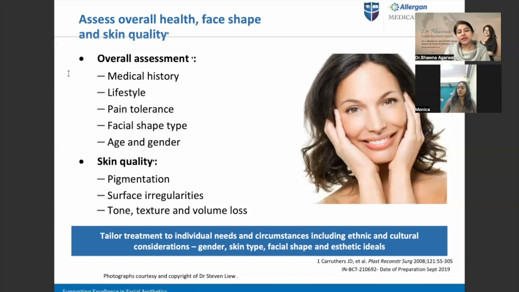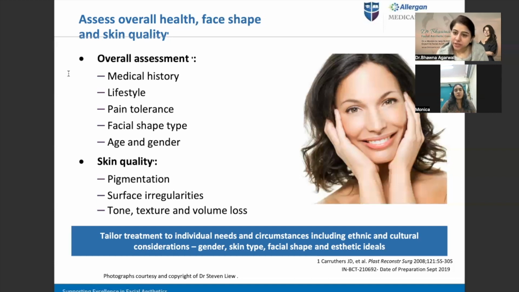Now, skin quality has 3 components. One is the pigmentation. The other is the surface irregularities, uneven tone and texture, and then the volume loss. So skin quality is determined by these 3 factors. Earlier they were thinking that there are signs of aging which make you look aged, but now they feel that skin quality is more important as compared to one or two signs of aging.